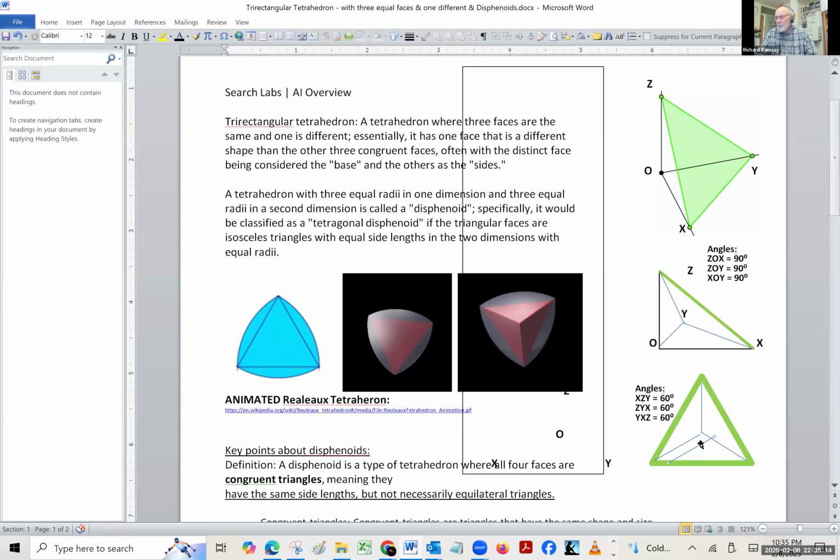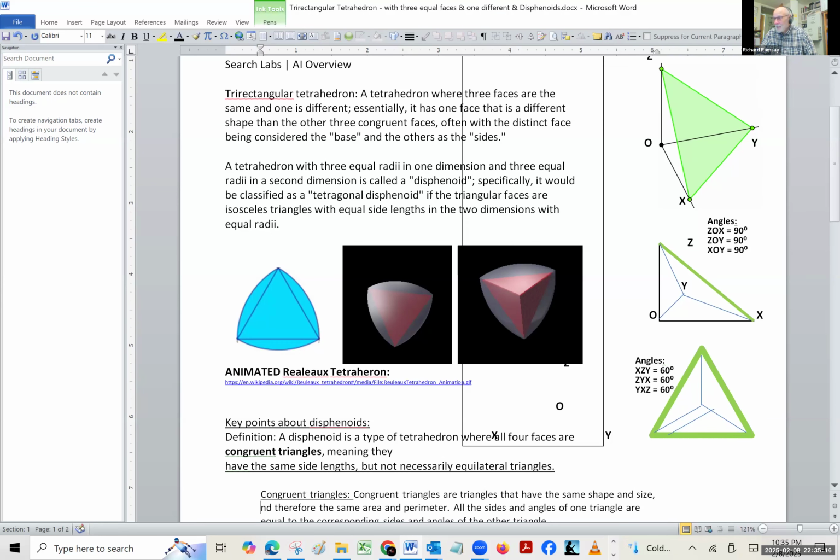I can get an equilateral tetrahedron, a regular tetrahedron, which by definition is a 60-degree angled polygon, at every angle.